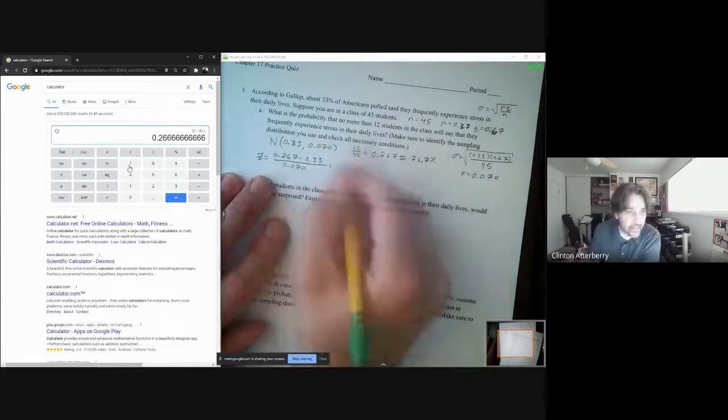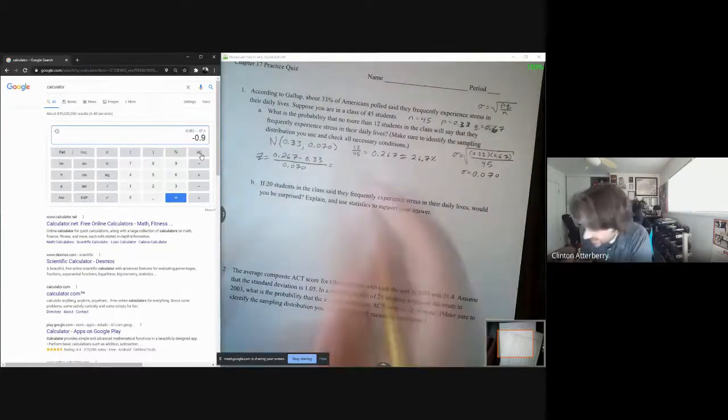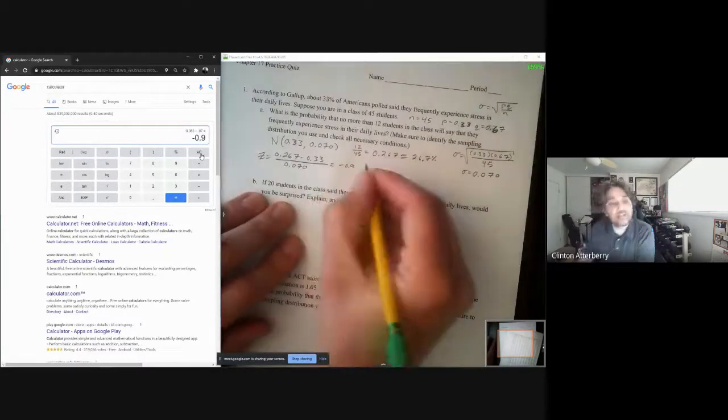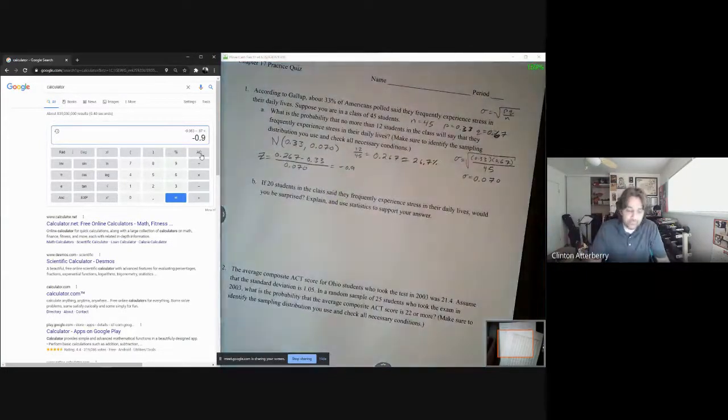When I calculate that, 0.267 take away 0.33, divided by 0.070, I get a negative 0.9. So that means it's about 1 standard deviation below the mean, right? So it's not that crazy of a number.